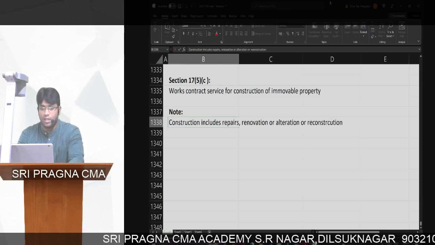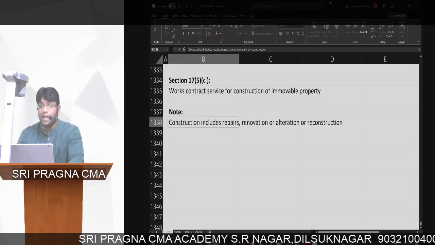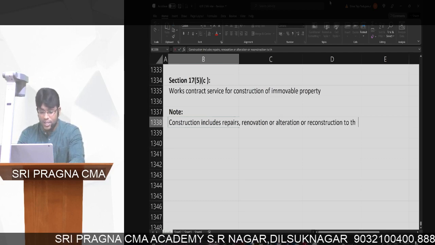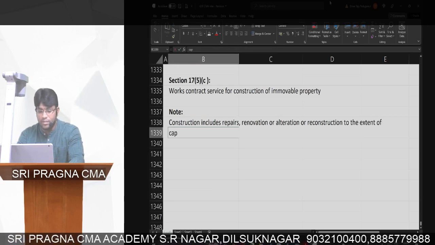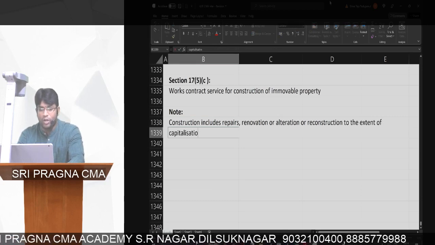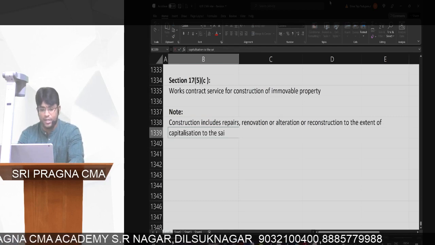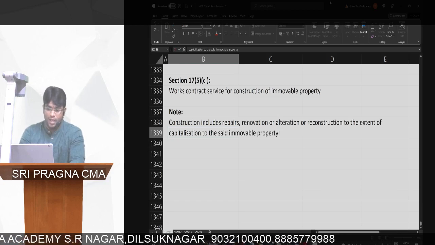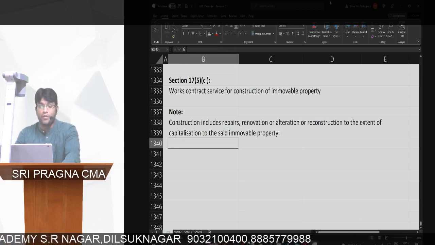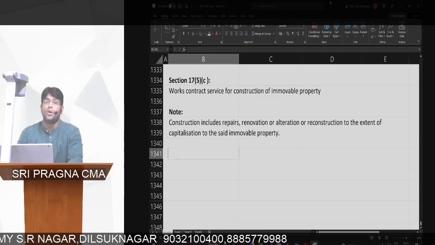Construction includes repairs, renovation or alteration or reconstruction, to the extent of capitalization to the said immovable property. I repeat once again, to the extent of capitalization to the said immovable property.